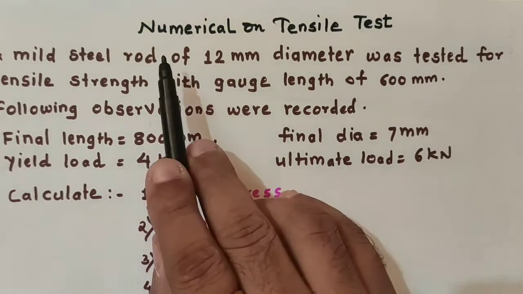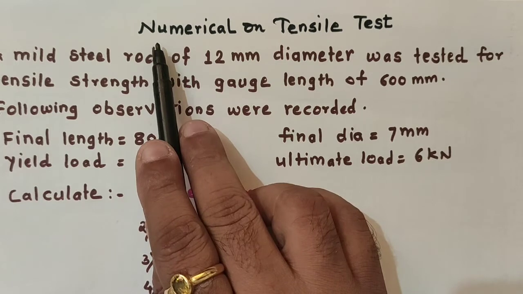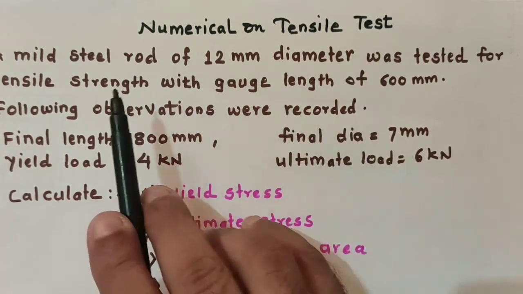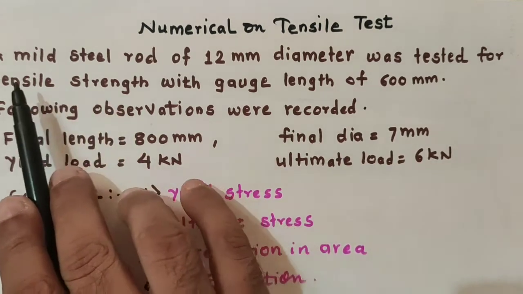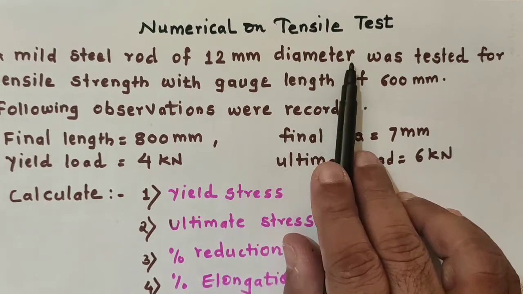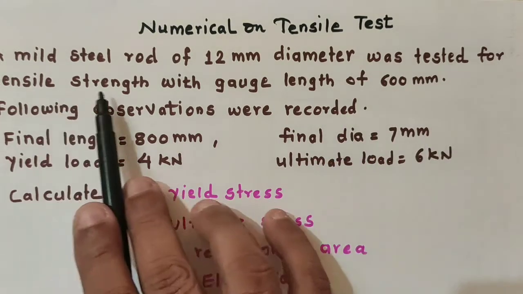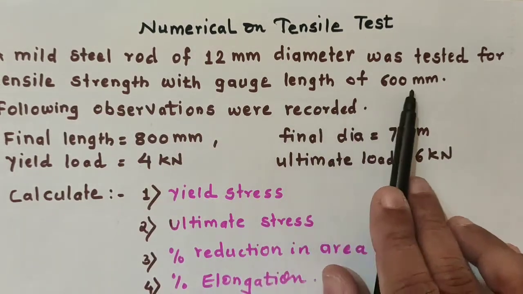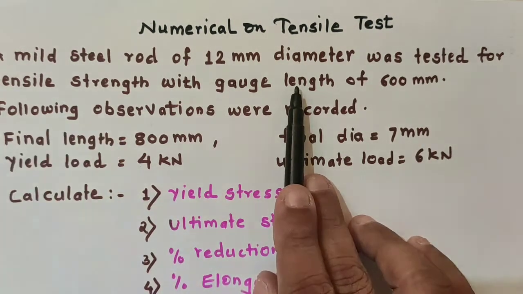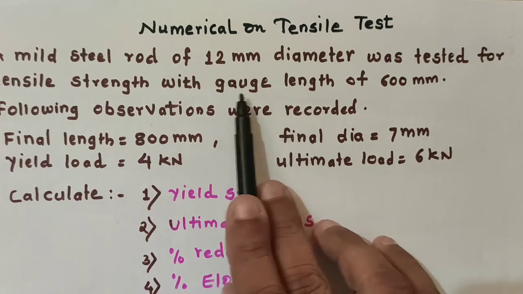Now here we have taken one example based on the tensile test. In the numerical, a mild steel rod of 12 mm diameter was tested for tensile strength with a gauge length of 600 mm. Gauge length means the distance between two reference points on the specimen.